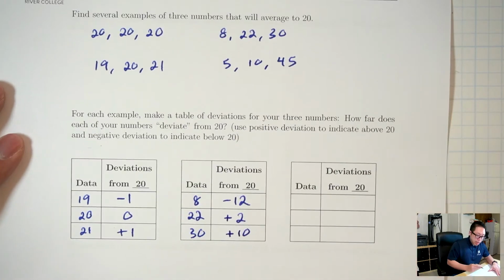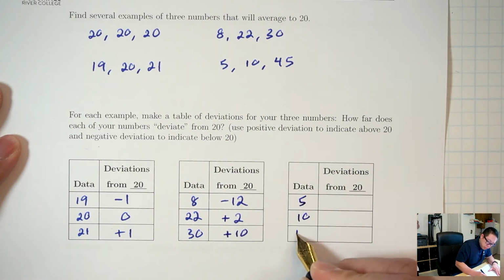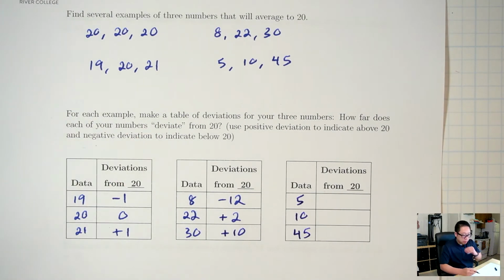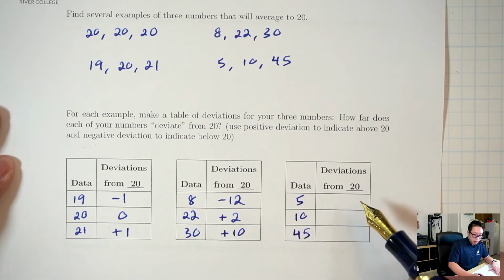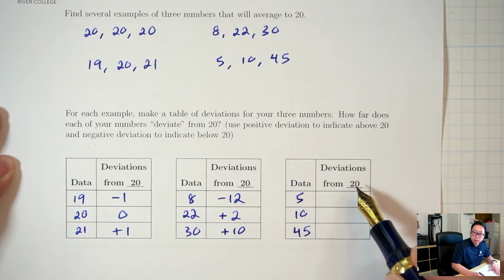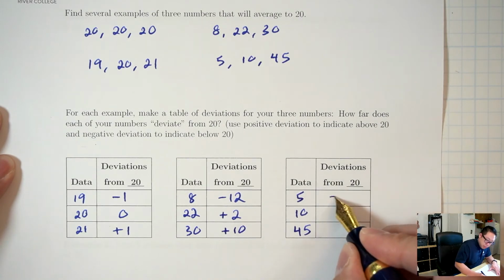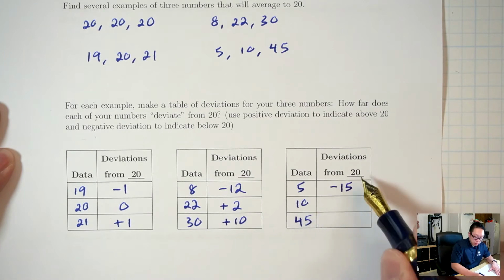Okay, so for the last example here, 5, 10, 45. How far away is 5 from 20? If you can't tell, just do 5 minus 20. So 5 minus 20 is -15, sorry. How far is 10 from 20?